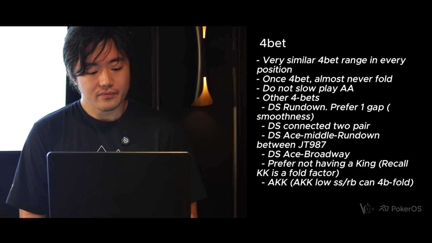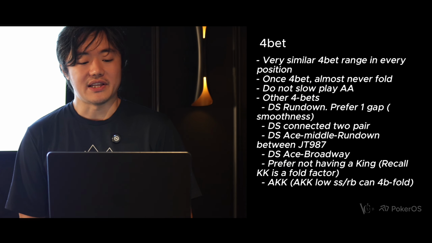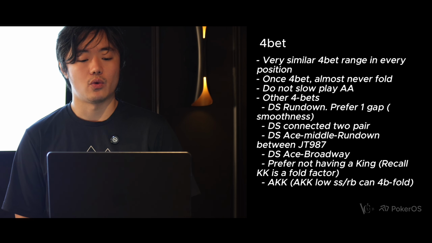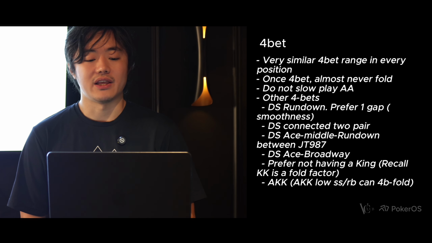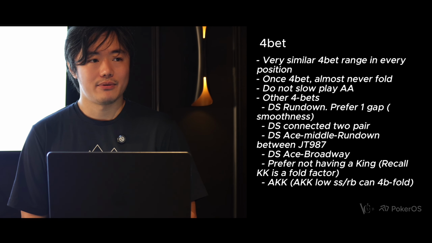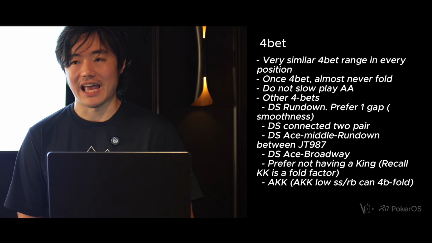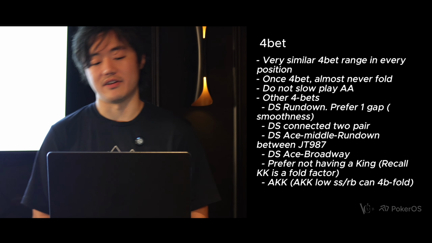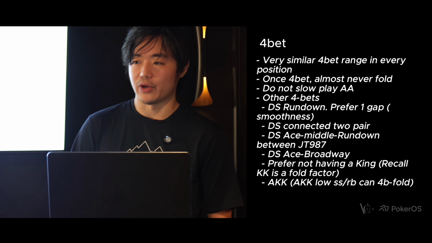Okay, so what are the 4-bet hands? It's very easy. The first one is double suited rundown, preferably with a gap. The reason to have a gap is not because of equity; they're similar in terms of equity.